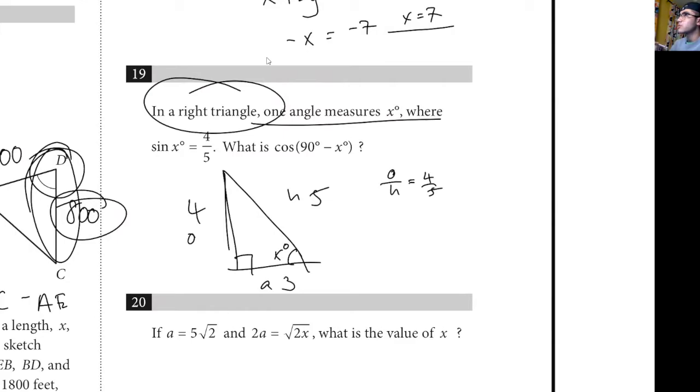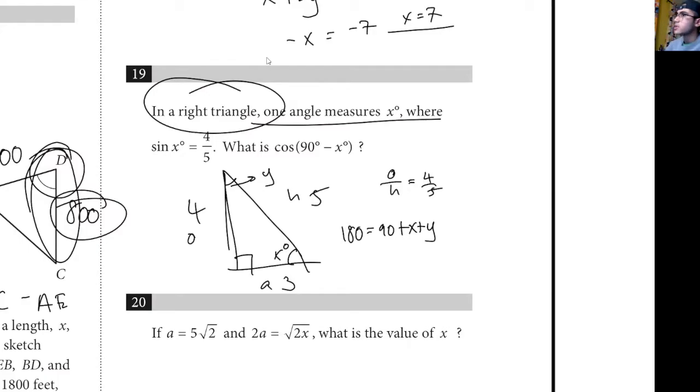It's asking us what's cosine of 90 minus x. Now, let's take a look at this. We don't know this angle right here, so let's have that as y. When solving for a triangle, we know that 180 is equal to 90 plus x plus y.